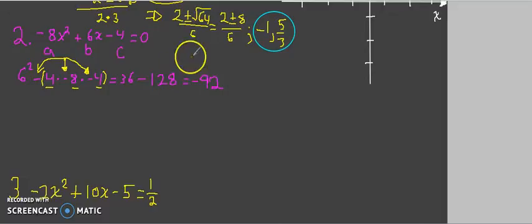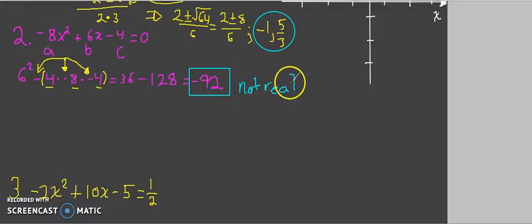So now we know that this right here is our discriminant and it is negative, which means the solutions are not real. So again, if that's what the question's asking for, if it's real or not, that's all you can put down. Boom.